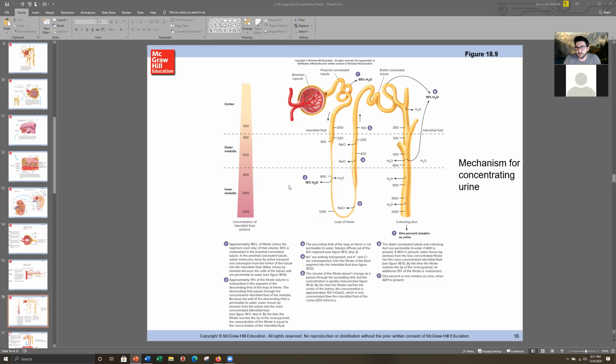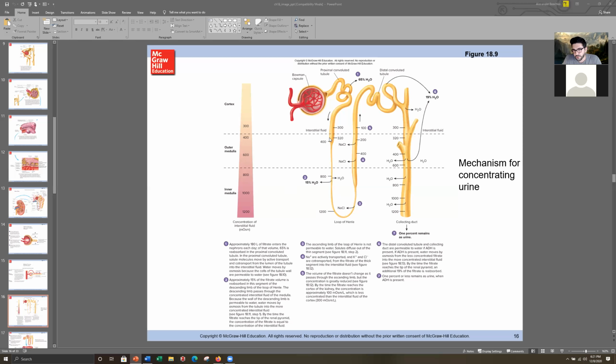And what's really great too is not only are these epithelia not permeable to things like salts, but depending on the concentration, especially of the inner medulla, and on how hydrated we are, that's also going to determine where water moves. Since there's a lot less water out here in the interstitial space compared to the inside of the tubular system here, water wants to be where there's less water. Water is just moving down its own concentration gradient, okay?